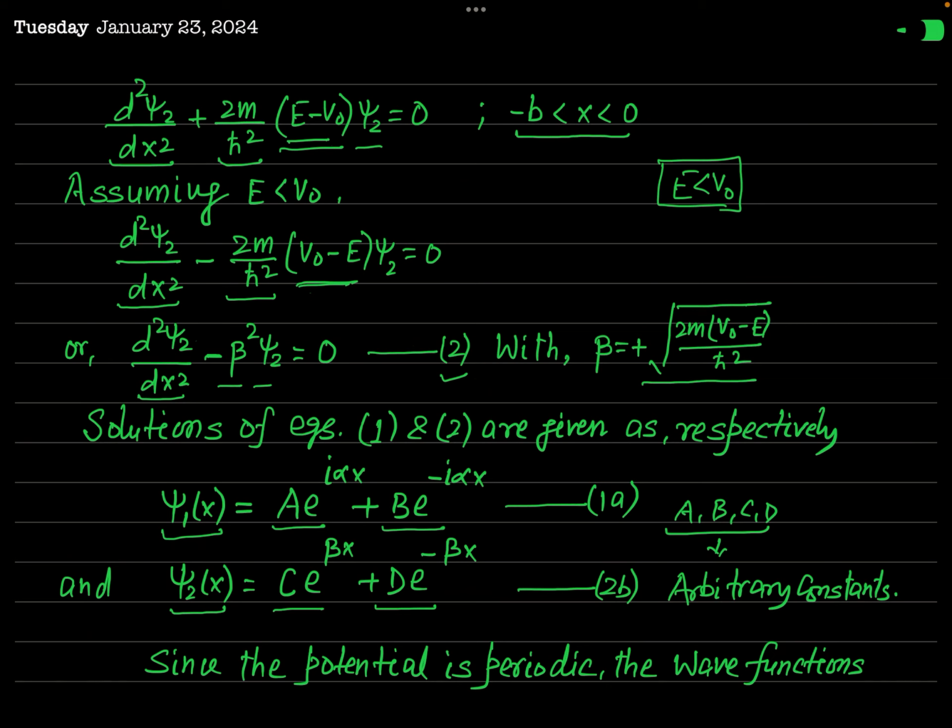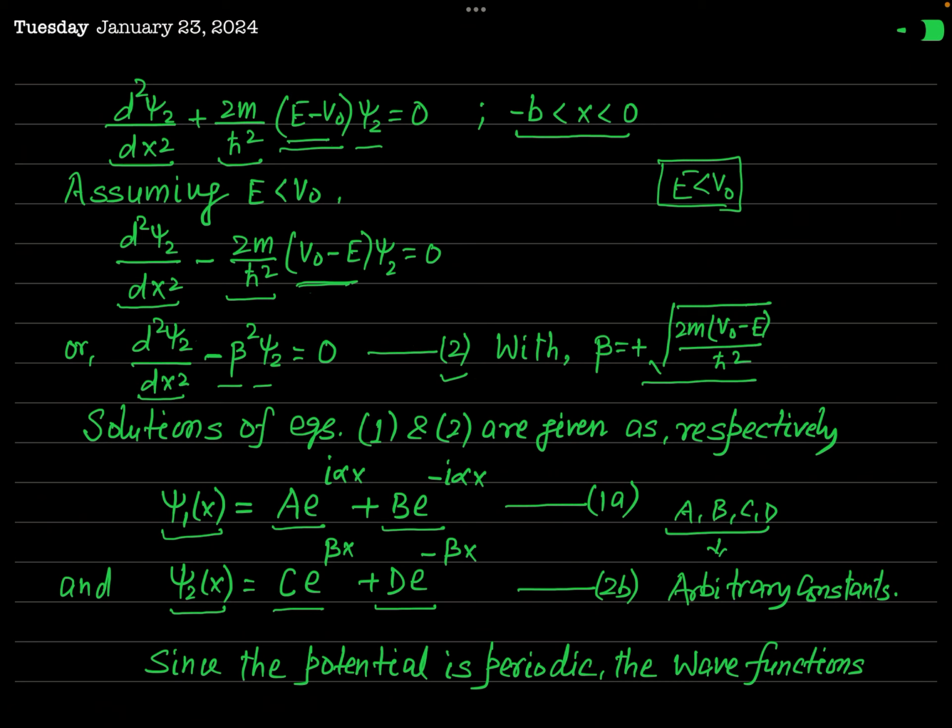And you have learnt in Bloch's theorem that if a particle moves in a periodically varying potential, then the solution of the Schrodinger equation is a plane wave multiplied by, or modulated by, a function uk of x.